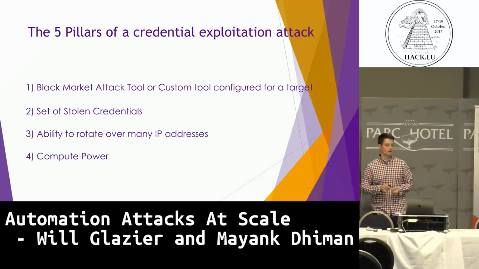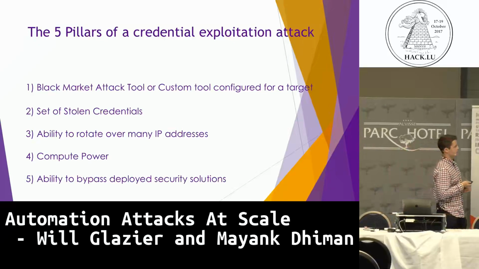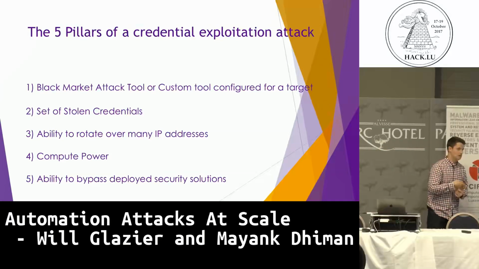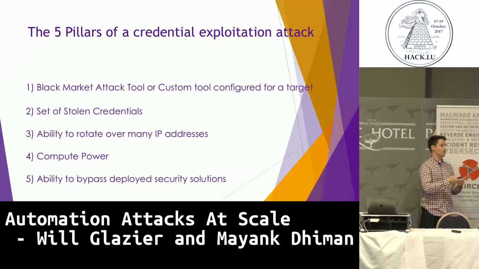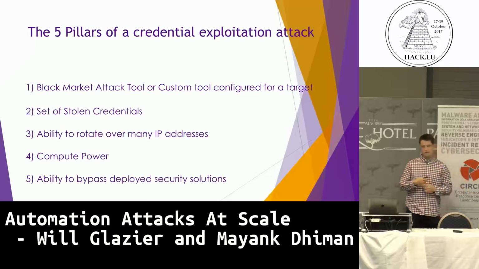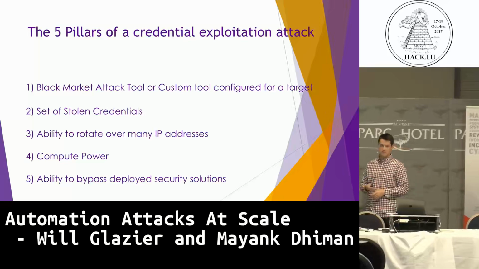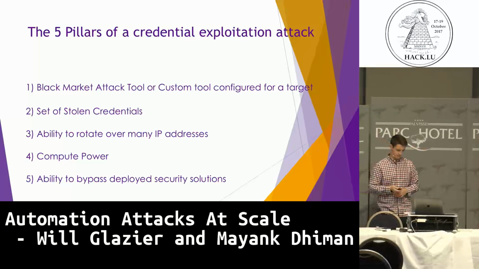These two kind of go hand in hand. And finally, the ability to bypass any deployed solution. By that, I mean I need to be able to find a rate limit that is operating on this site, or I need to be able to rotate past whatever defenses these guys have in place.